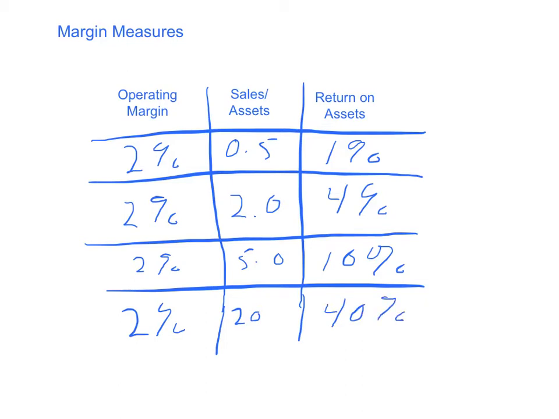Basically the issue here is we can have the same operating margin, but we may be getting very, very different returns on our investment. And so operating margin lacks the advantage of the rate of return measures in that it really doesn't tell you anything about how profitable the exercise is in terms of economic profits unless you also look at the sales to asset ratio.